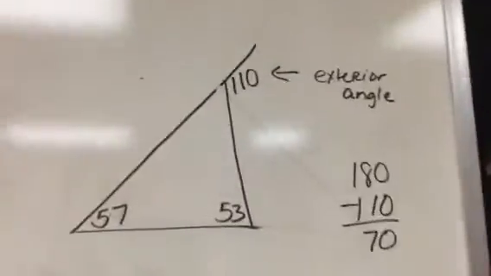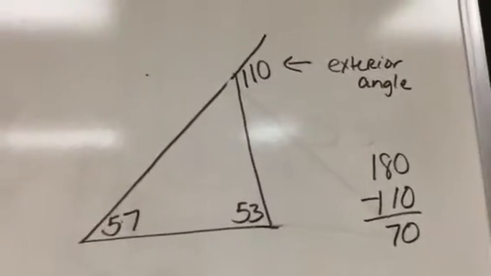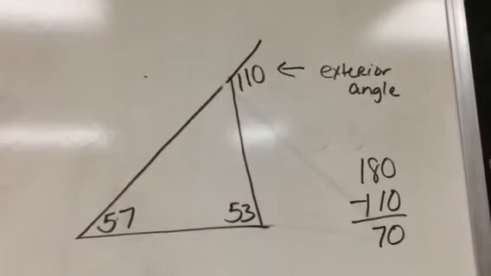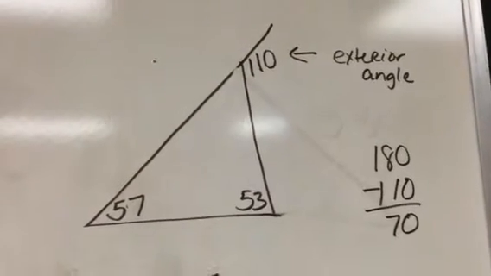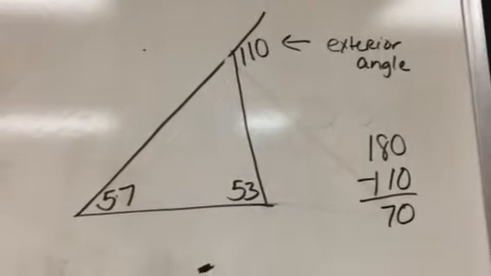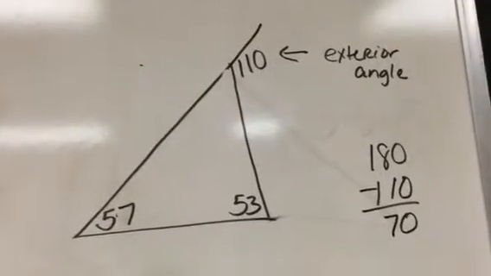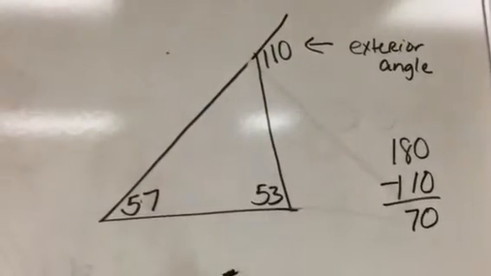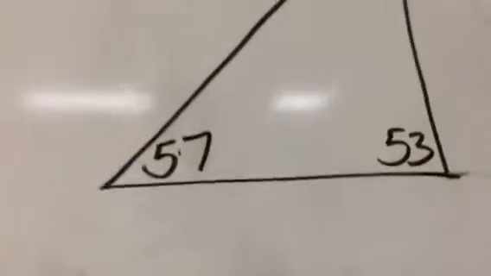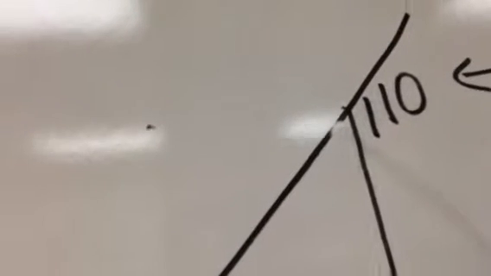All right, this angle right here that I'm pointing to is called an exterior angle of a triangle. And you're going to find out that the exterior angle of a triangle should always equal the sum of the 2 angles that aren't next to it. So that angle isn't next to it.